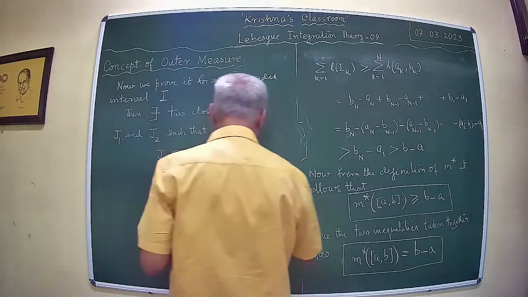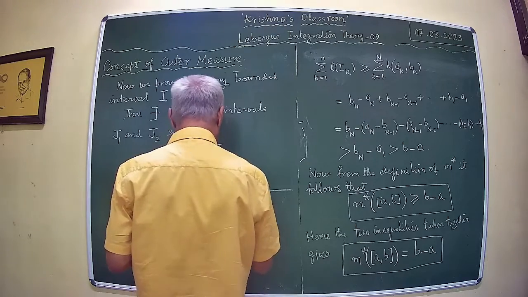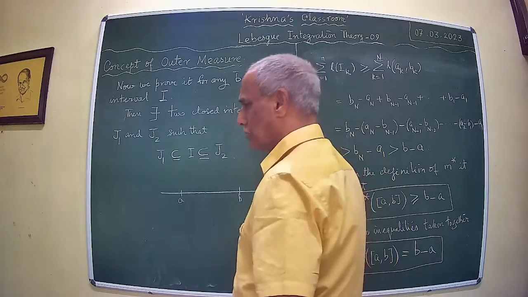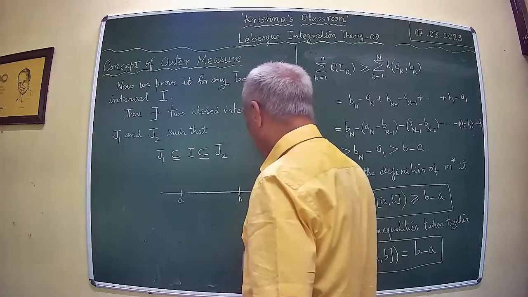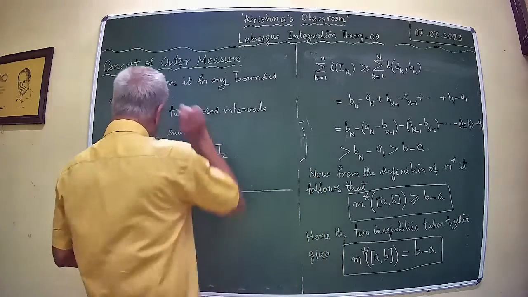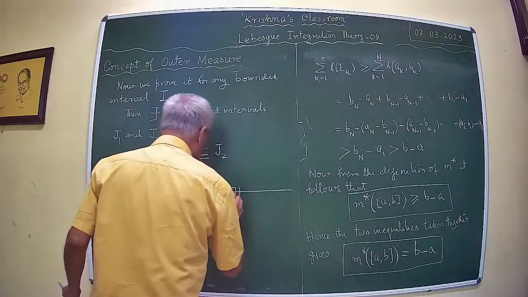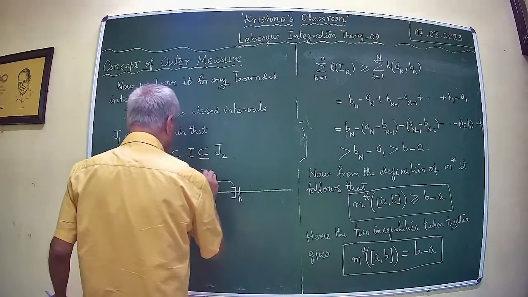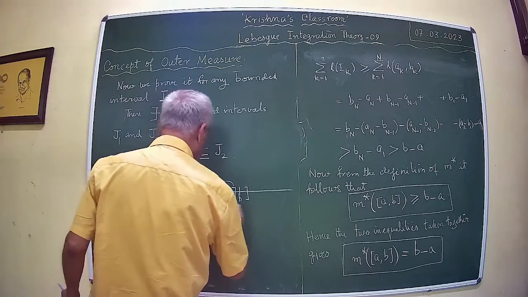See, the situation is this. Suppose this is your AB. A and B may be included or may not be. If both A and B are included, then you are talking about the closed case that we have already considered. Suppose A is not included or B is not included or both A and B are not included. Then what you can do is you can find a closed interval, this is J1, and there is a closed interval J2.